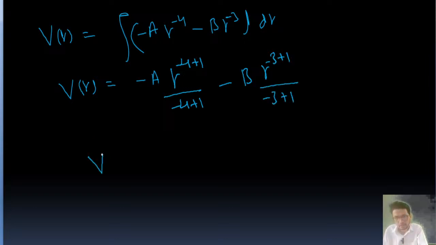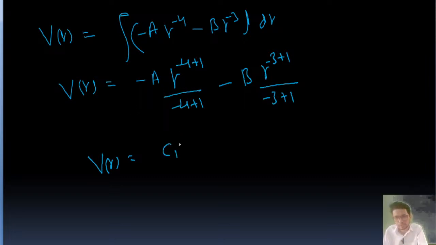So V(r) is going to be this one, minus minus plus. We can introduce new constants.